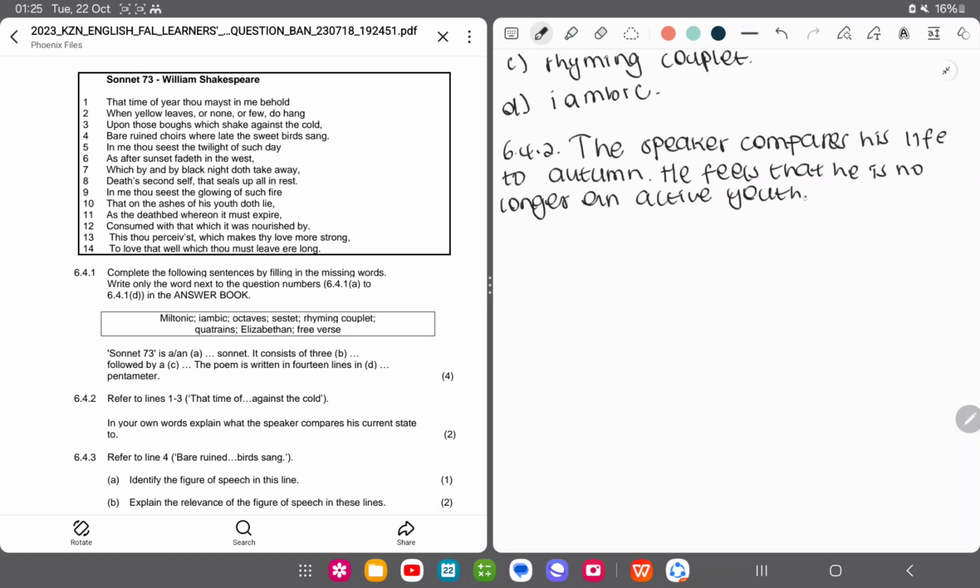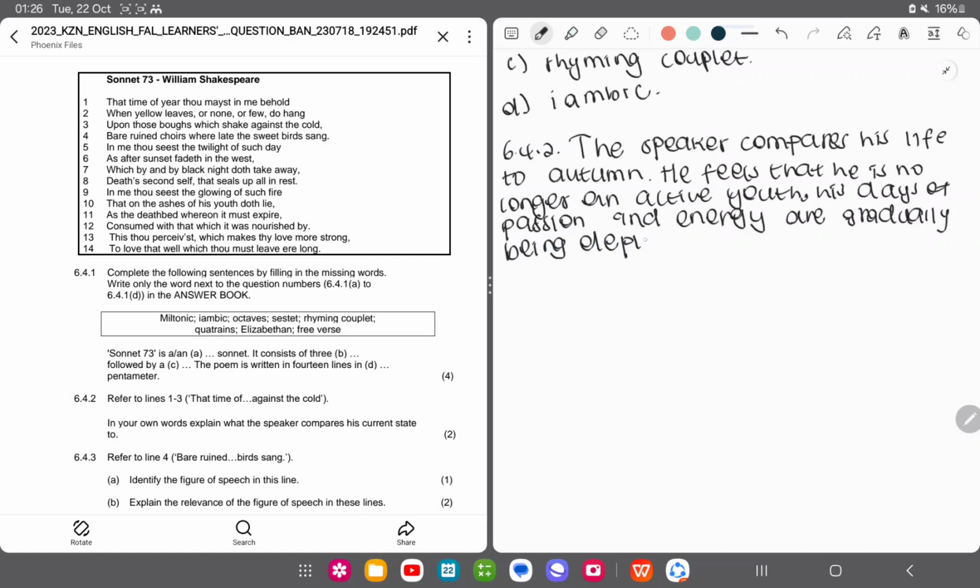Right. So we say his days of passion and energy are gradually being depleted. Because why? He is getting old. He's getting older because he is already old.